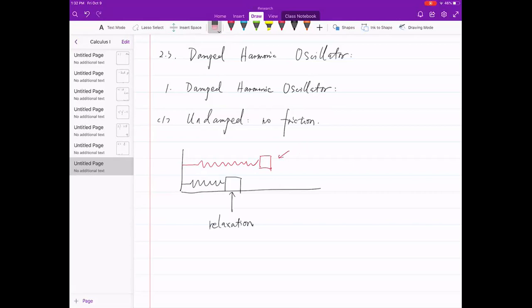That's your initial condition. Now you can see if you use your hand to hold this one, you are going to have a force going this way. That means as soon as you release your hand, the whole thing is going to shake back.